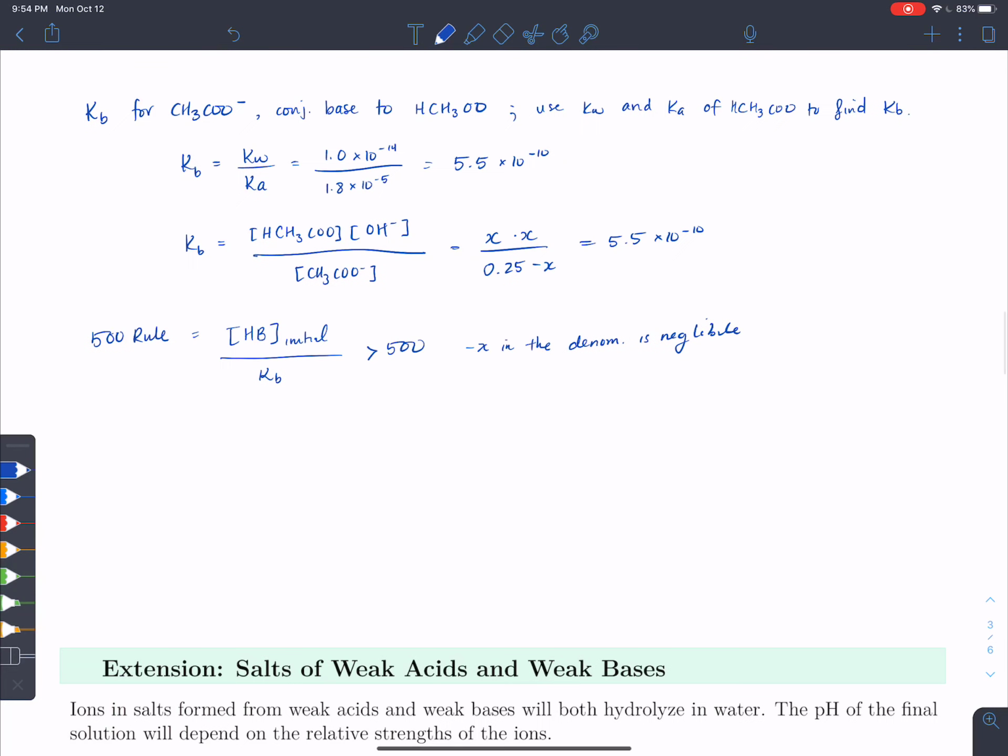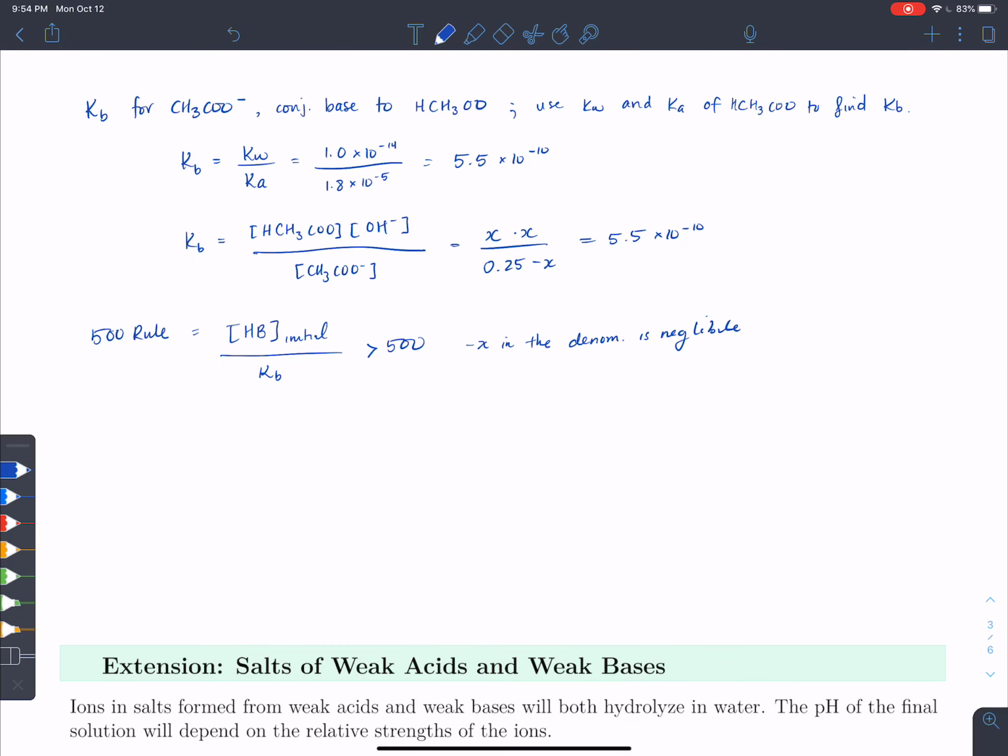So let's try that to verify if that is the case. So we would do 0.25 over 5.5 times 10 to the power of negative 10, which equals 4.5 times 10 to the power of 8. And that is greater than 500. So then I can say, therefore, the negative x is negligible in the denominator.